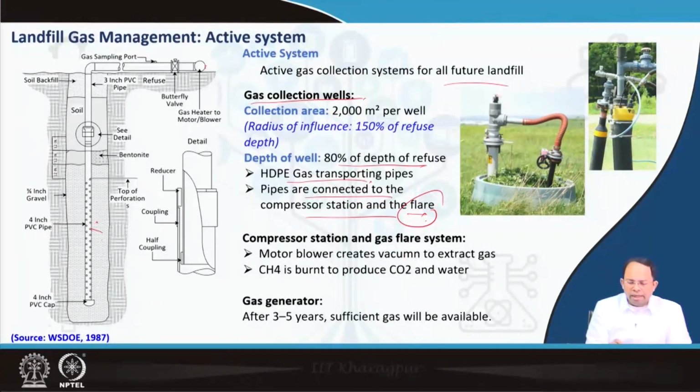The motor blower in the compressor station and the gas flare system that is installed create a vacuum to extract the gas, and CH4 is burned to produce CO2 and water.